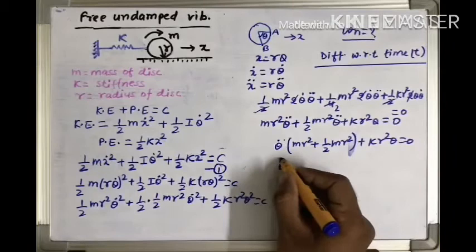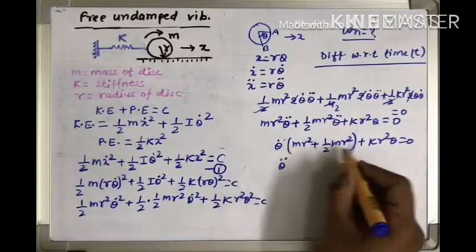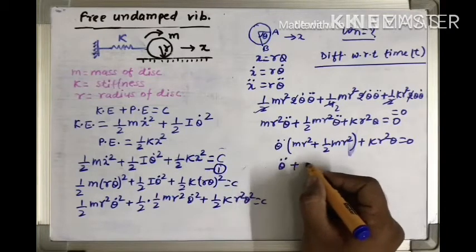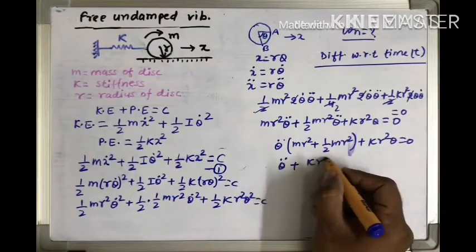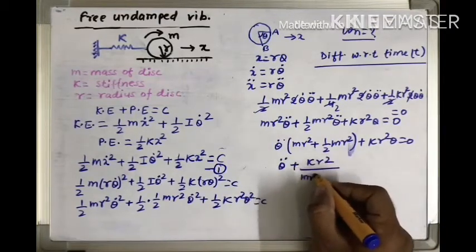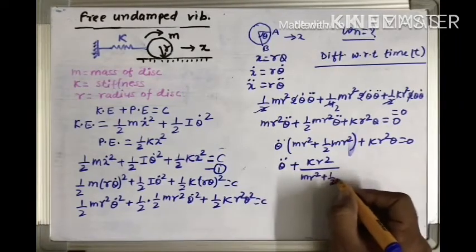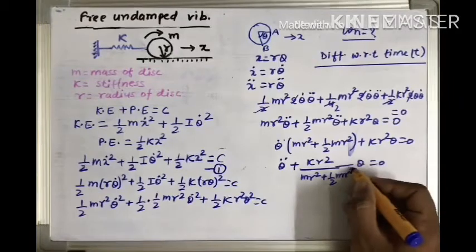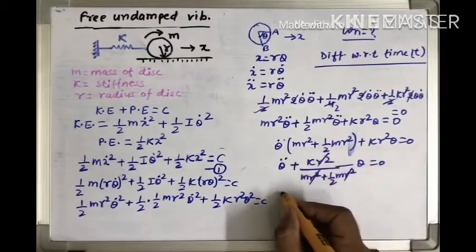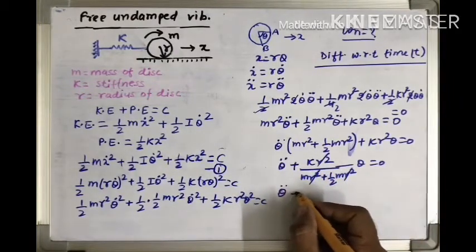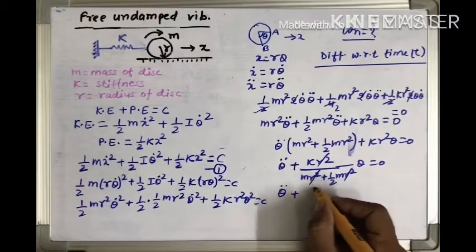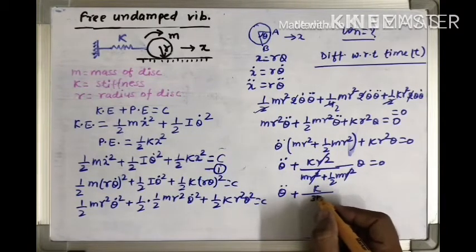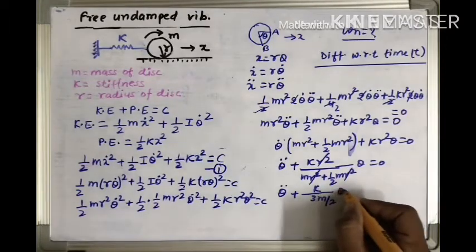We can write this equation as, if we divide by this value, theta double dot plus k r square over m r square plus 1 by 2 m r square, into theta, equal to 0. This r square cancels, so we have theta double dot plus k over m plus 1 by 2 m, which gives 3m by 2, theta equal to 0.